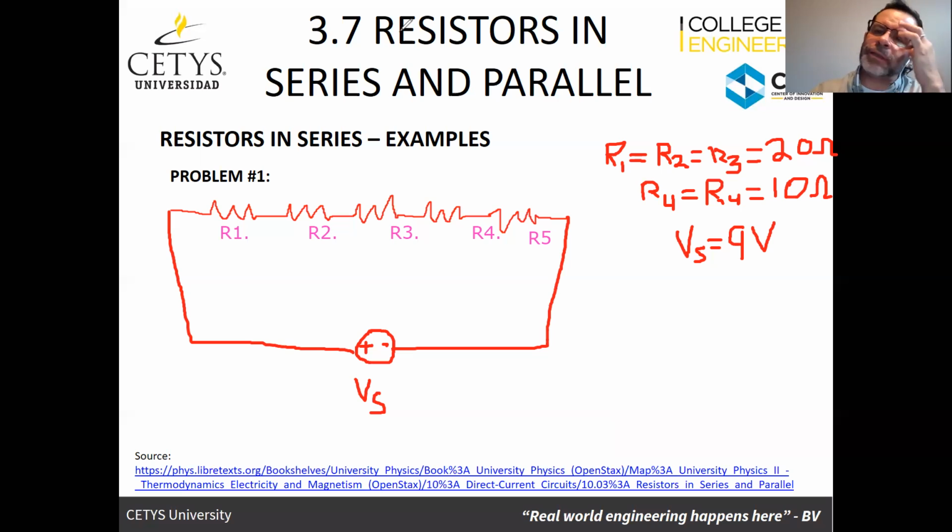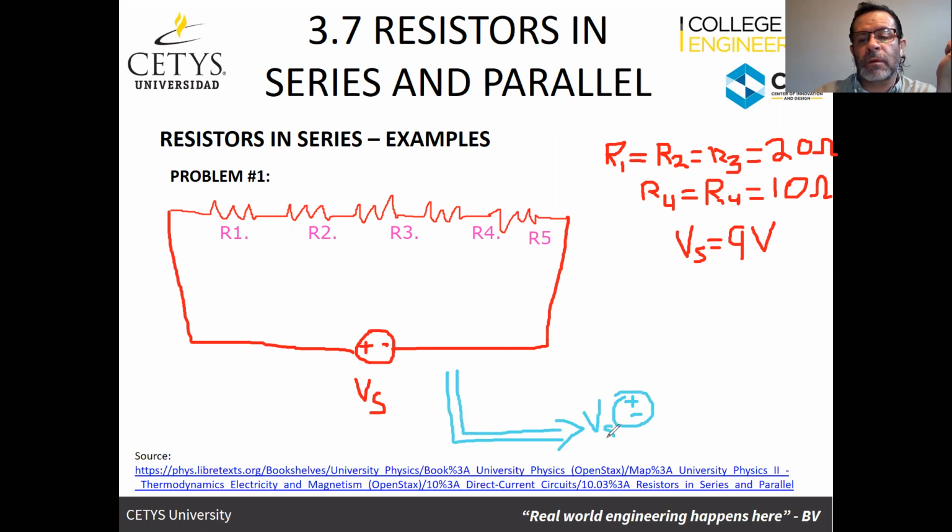Now we need to calculate the equivalent resistance. The equivalent resistance means that we want to represent this circuit as an equivalent circuit where we've still got our power source, but instead of having 5 resistors, I want to identify the value of one resistor that has exactly the same effect.